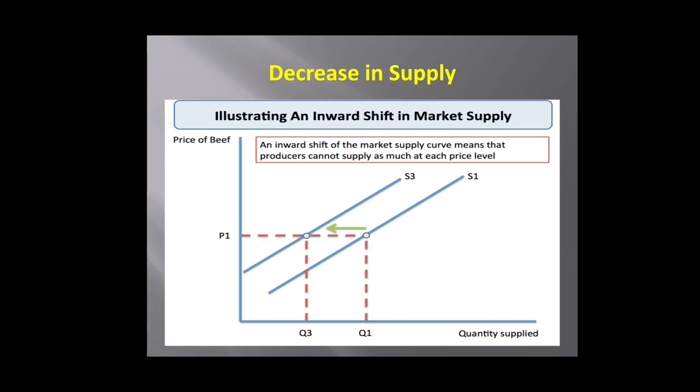That is, even when the price of beef remains constant at P1, the supplier is willing to sell less quantity of beef as compared to the previous level. In this case, the supply curve shifts leftwards, or we can say backwards or inwards, from S1 to S3.